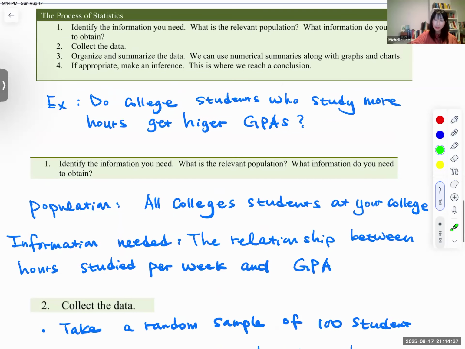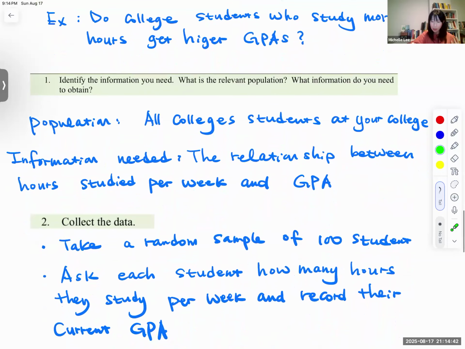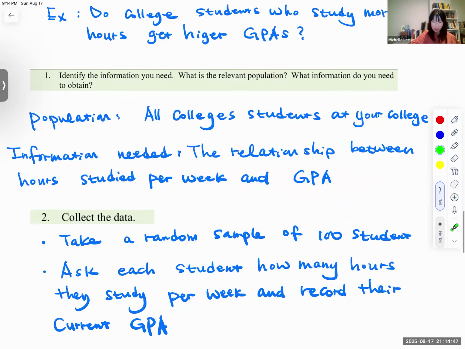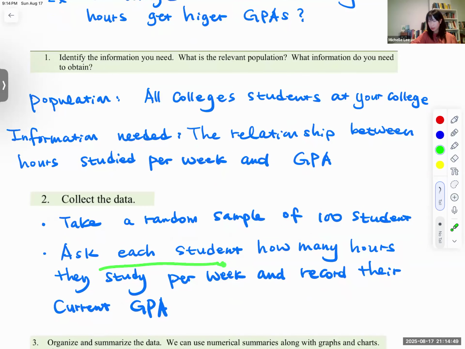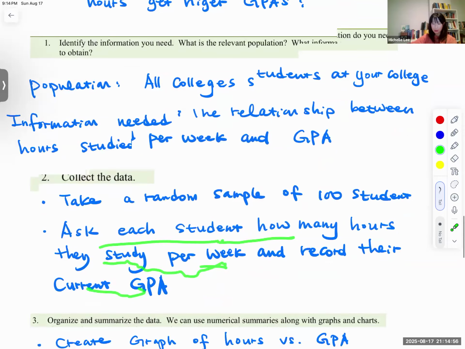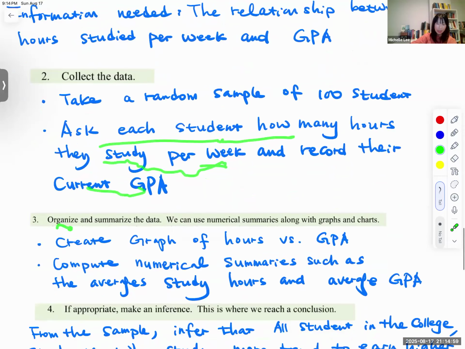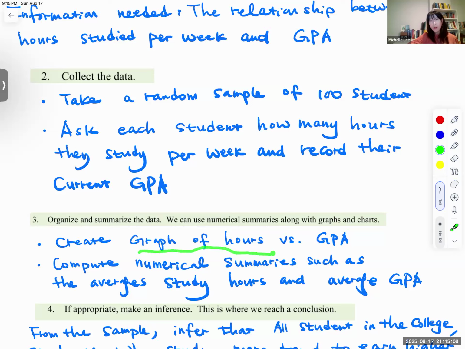Okay, number two, they said collect the data. So we survey. So take a random sample of 100 students and ask each student how many hours they study per week and record their current GPA, right? Okay, number 3, organize and summarize the data. So we can create a graph of hours versus GPA.